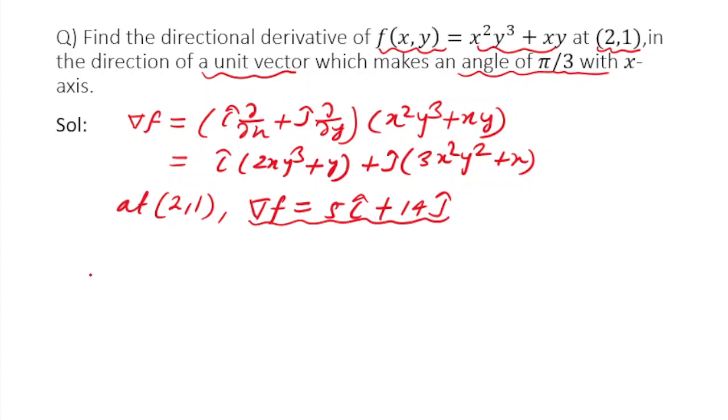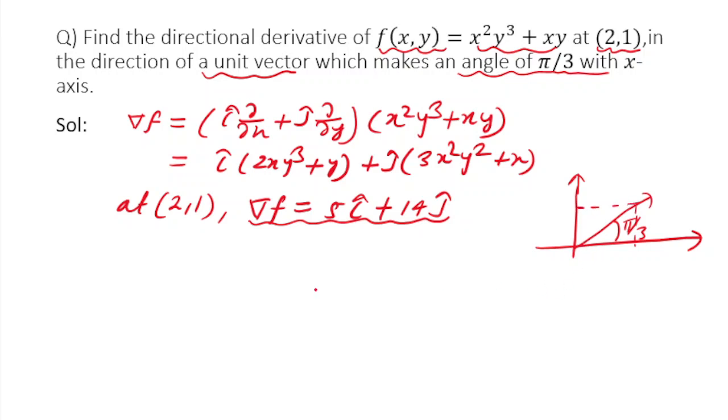Now to find the directional derivative, we have to find the vector b cap. So what is given in the problem? It is given that we have to find the directional derivative in the direction of the unit vector which is making an angle of pi by 3. So this angle is pi by 3. If I have to write the unit vector, I have to take the component of this in the x direction and the component in the y direction.